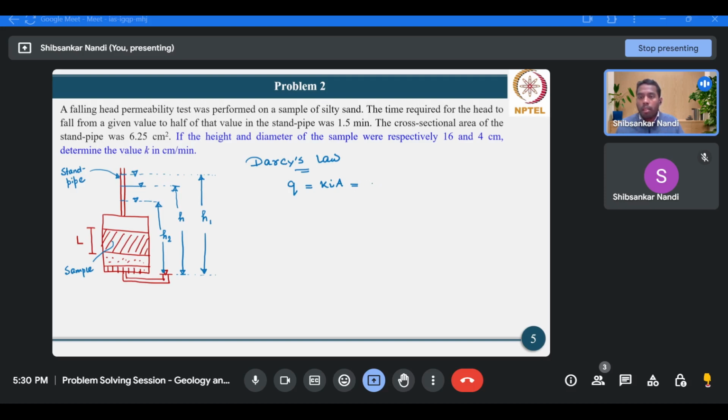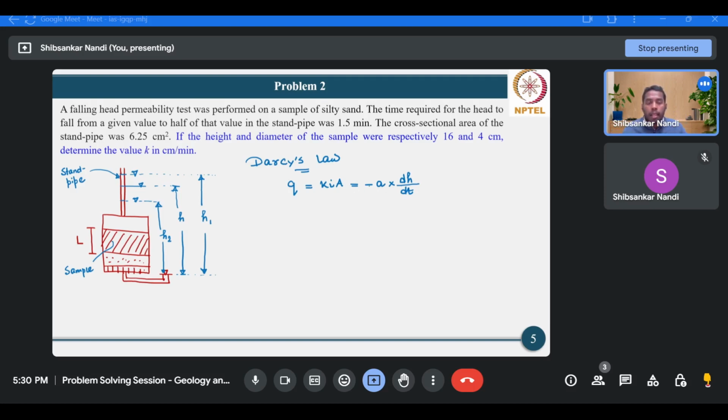the fall in the standpipe. So if the cross-sectional area of the standpipe is a and there is a fall in the head in the standpipe by dh over a time dt, the rate of flow would be again a, the cross-sectional area, multiplied by the velocity, dh by dt.